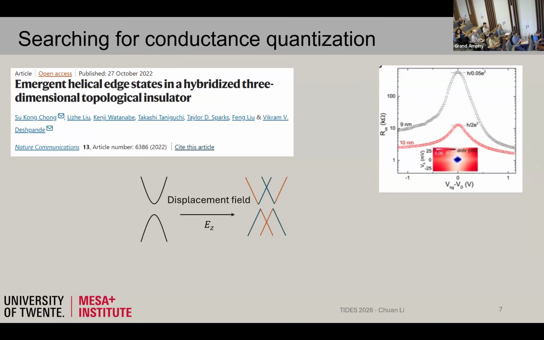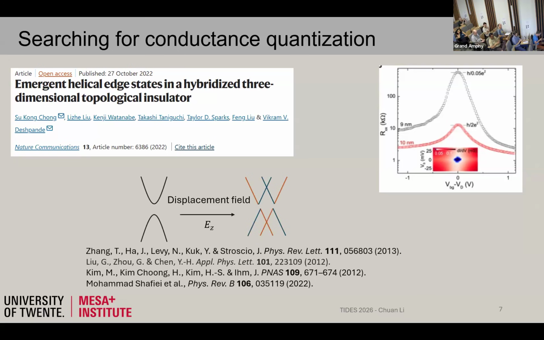And in this case, when they apply the double gate, the electric field can also drive the system in and out of this topological state according to their measurement.